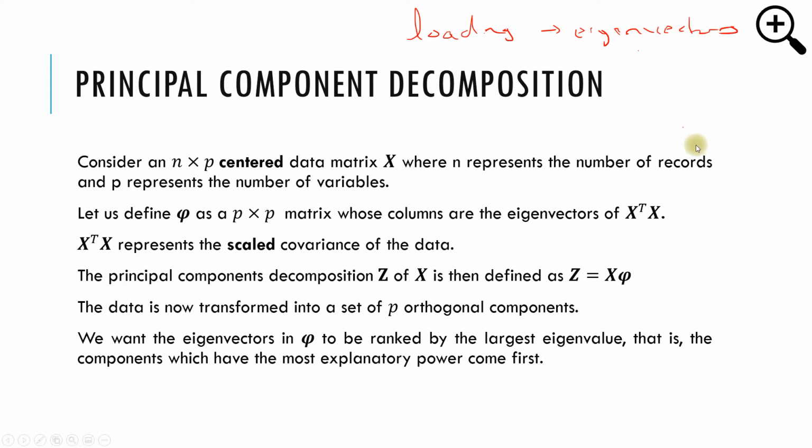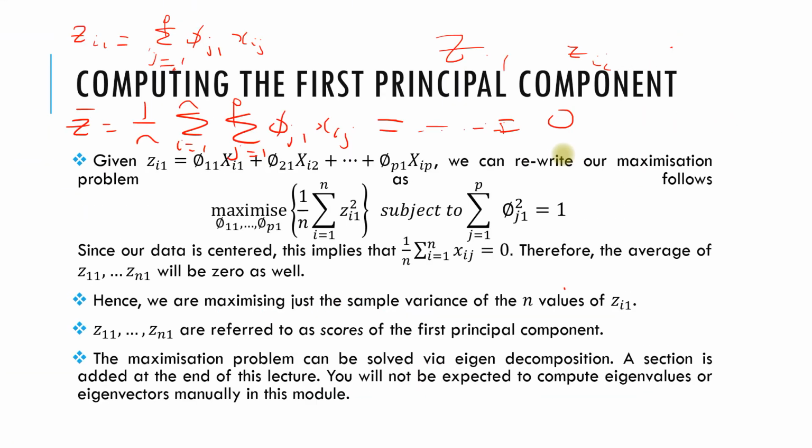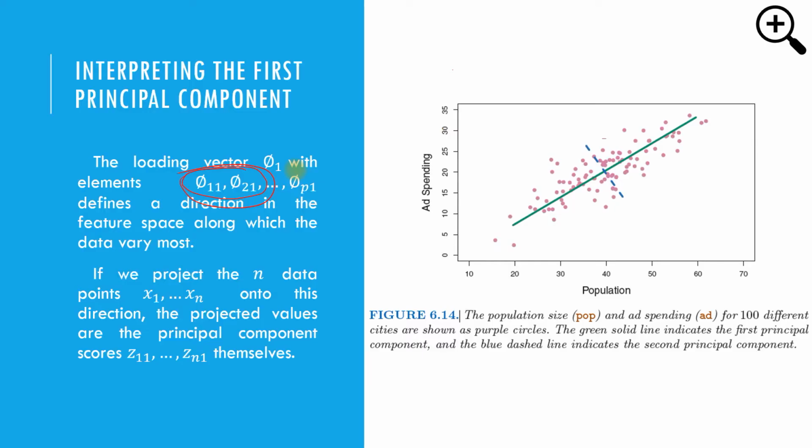To understand the principle behind principal component analysis: when you are maximizing, the principle is to maximize the variance with respect to phi 1 up to phi p. So what are we trying to do here? We want a value of phi 1 up to phi p that maximizes this. And how do we do that?